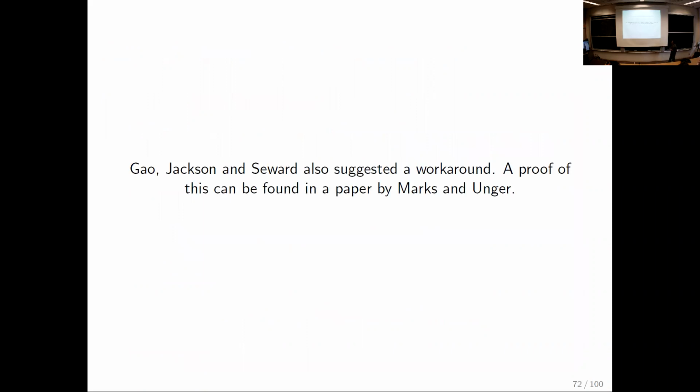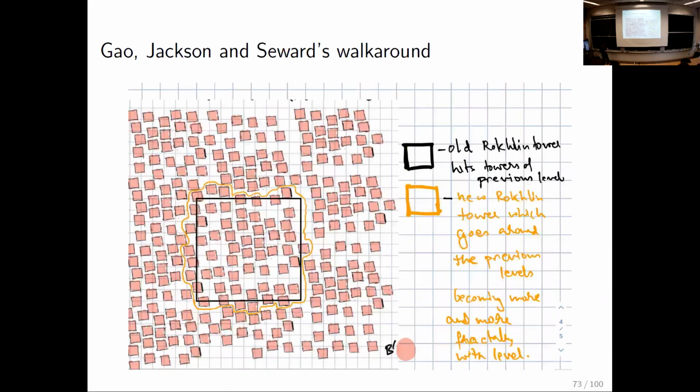They also suggested a workaround, and the proof of this can be found in a paper by Alguna and Spencer. The workaround, or walkaround, once you see it, seems like a very simple idea, but it took some time to actually come up with it.